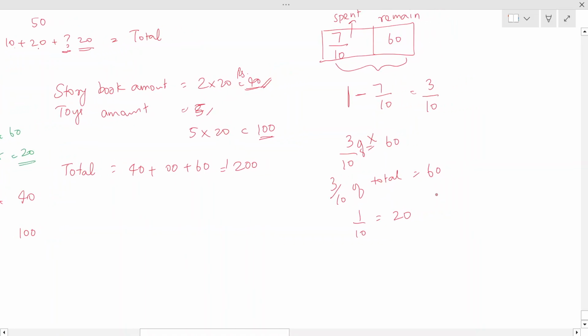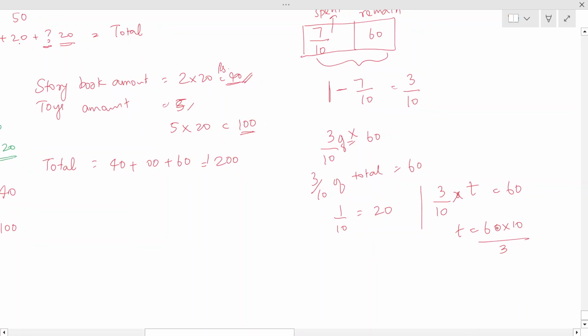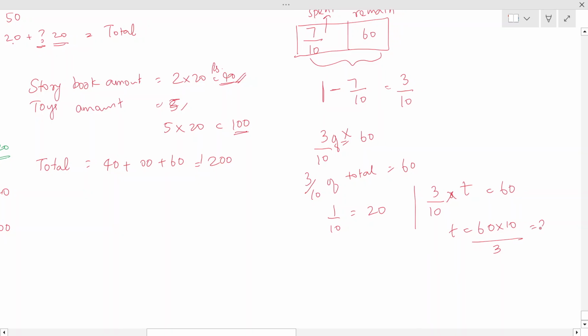And if you also have algebraic thinking, you can say 3 by 10 of the total, which is t, is 60. Then t is 60 times 10 divided by 3. So this will directly give you the total amount you have, right?